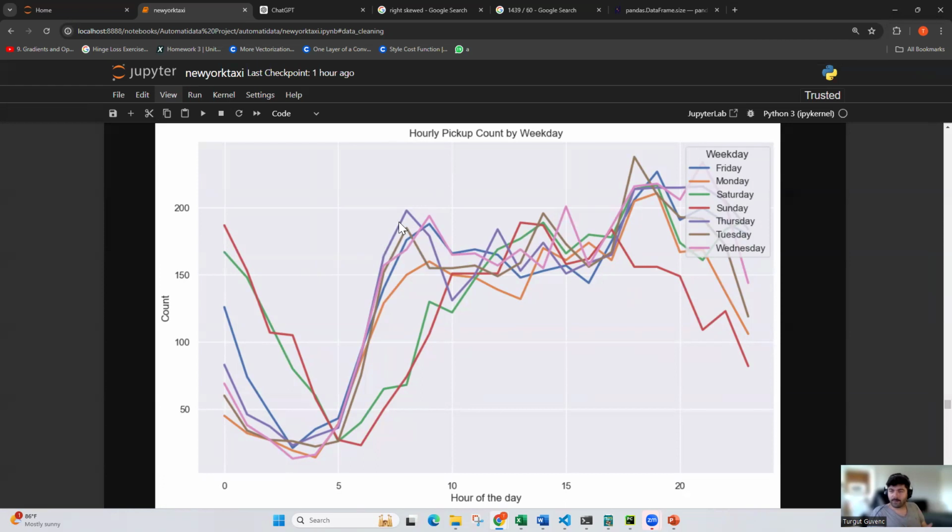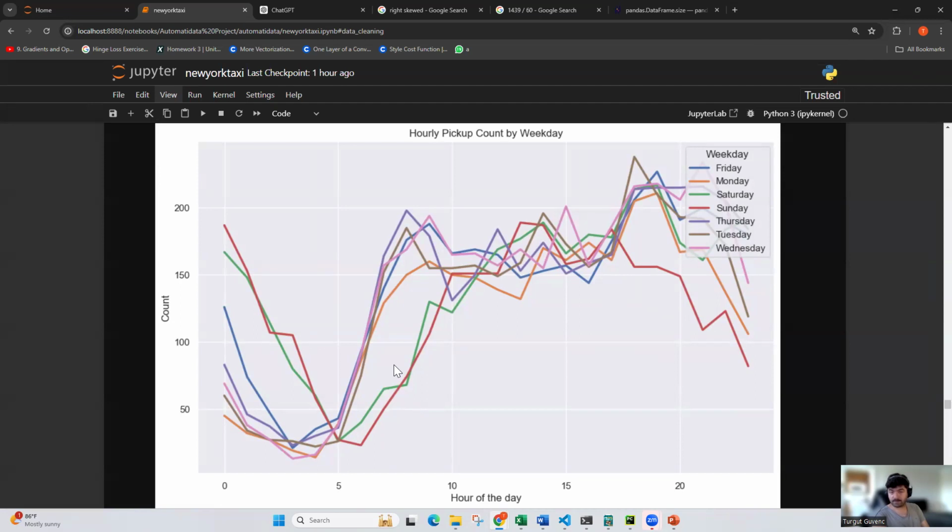That means weekdays, right? Sorry, green and red is the Sunday. That means there's not much ride, which makes sense, right? In the rush hours on the weekdays there will be more rides, between 7 to 10 probably. It's increasing, but on the weekend it's not.